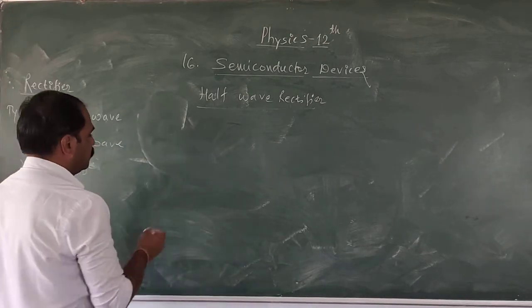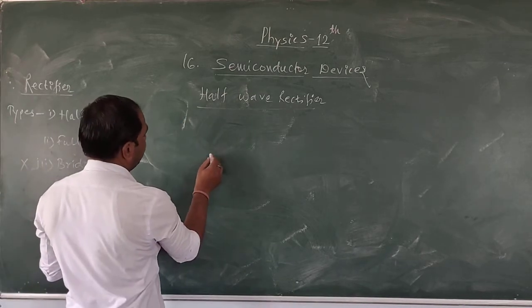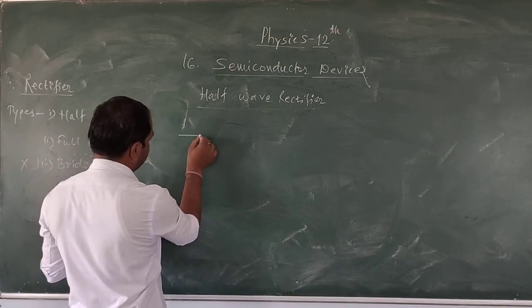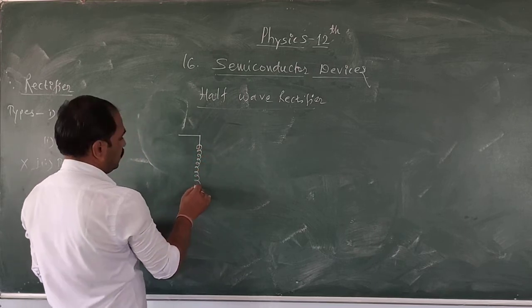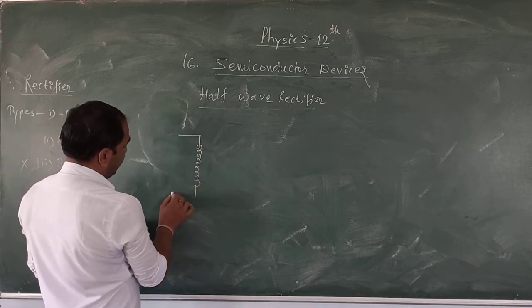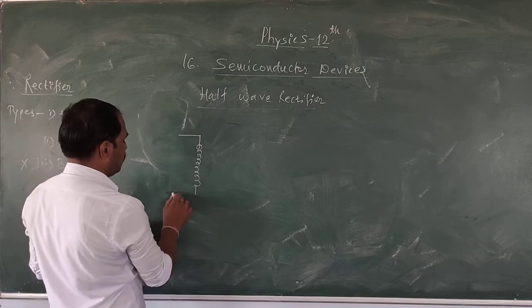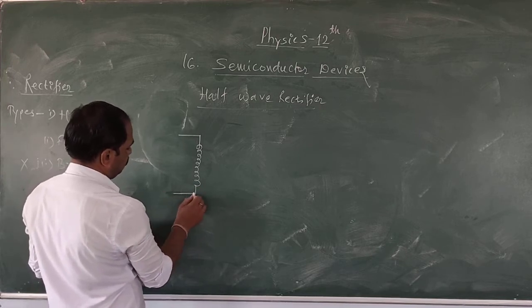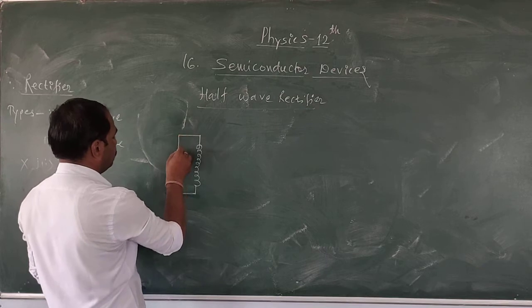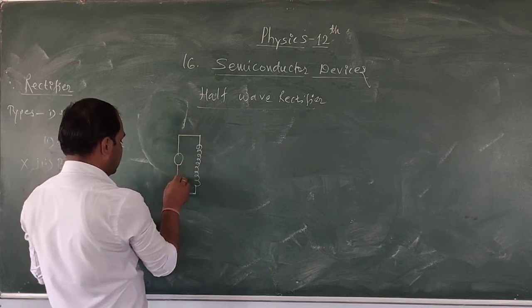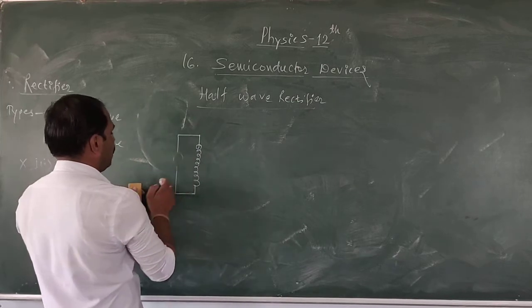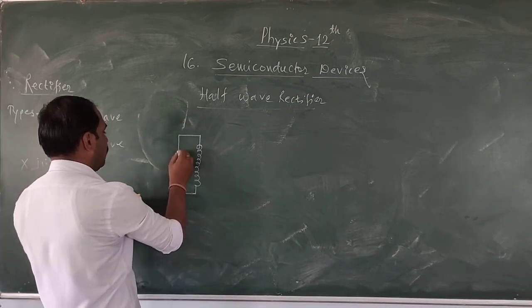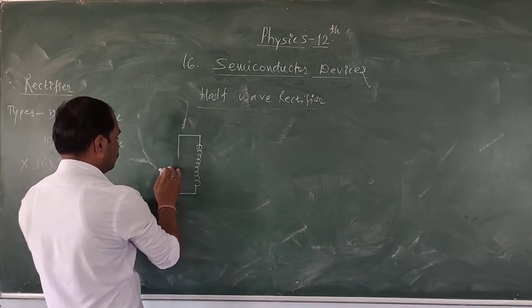Here is the transformer, and these are the primary terminals of the transformer. The AC signal which is to be rectified is given on the input side, that is the left hand side of the circuit.